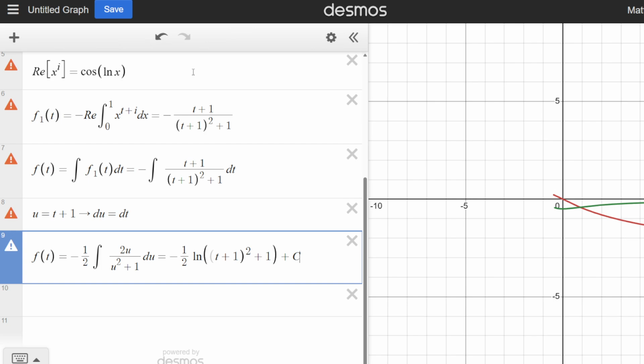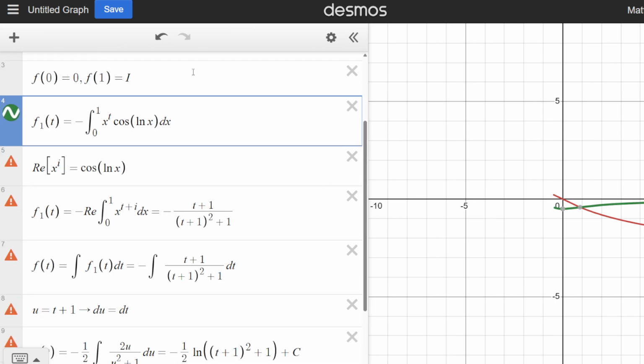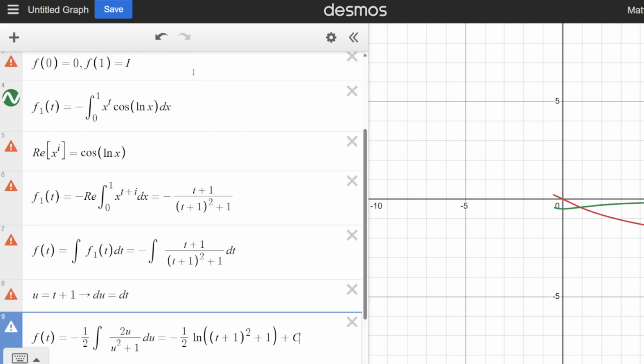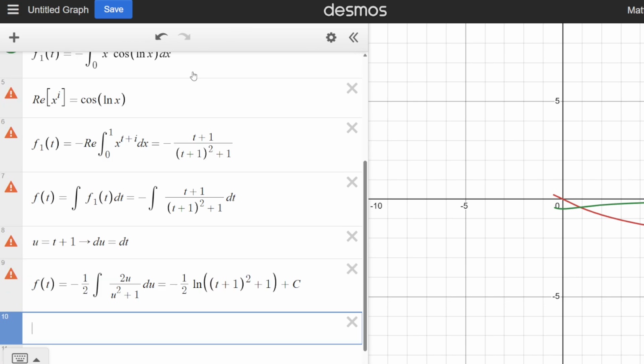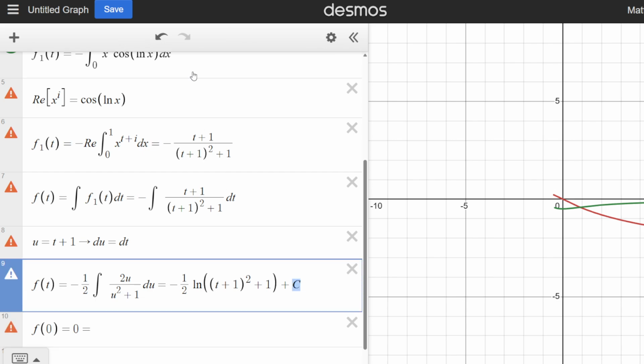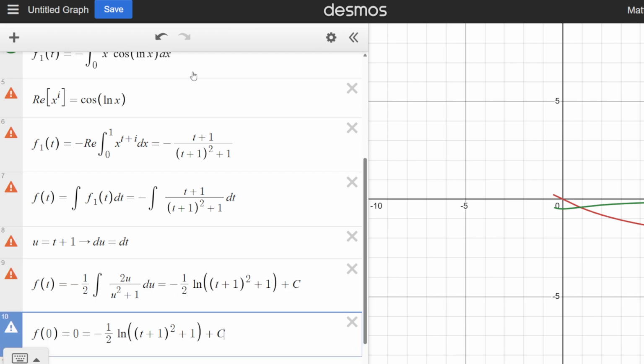We know from earlier that f of 0 is equal to 0, so we can find our constant of integration. So f of 0 equals 0, which is also equal to this, where t is 0. That's right.